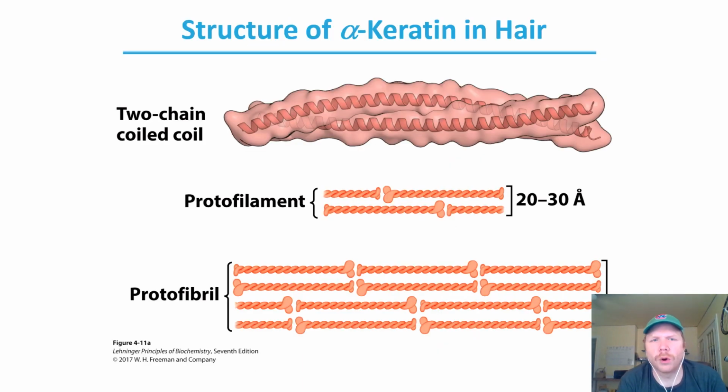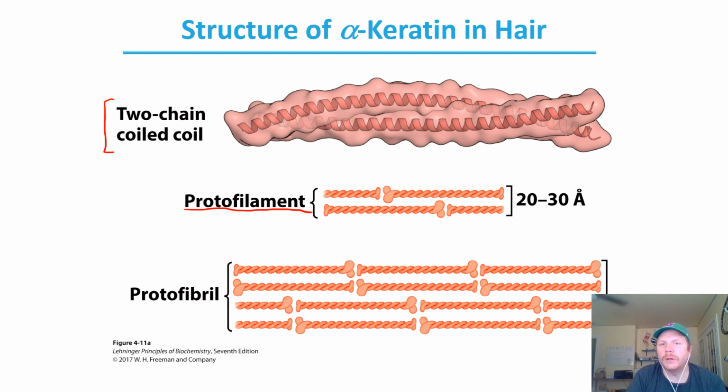So here's a little bit more of a dissection of keratin structure. So alpha keratin in the hair consists of 2 helical structures that have wrapped around one another. That lowest level is your 2-chain coiled coil. Those 2-chain coiled coils are going to wrap together and organize to form a protofilament.